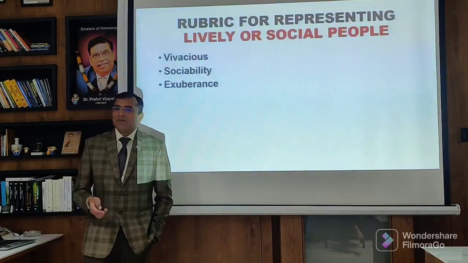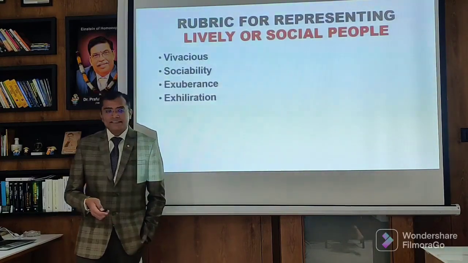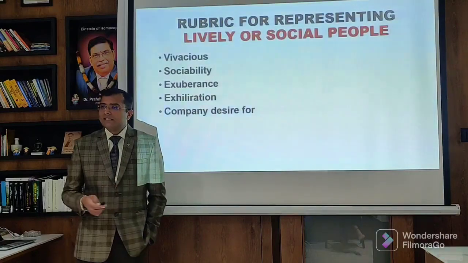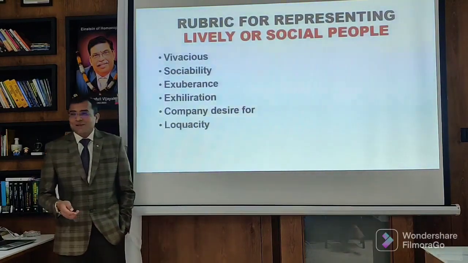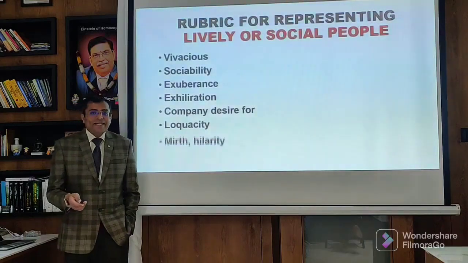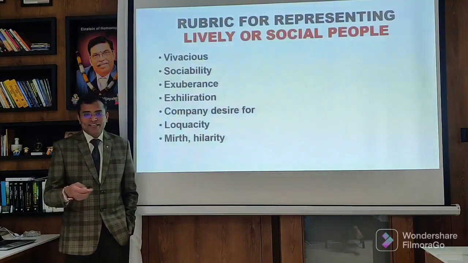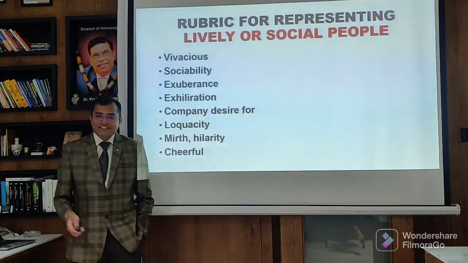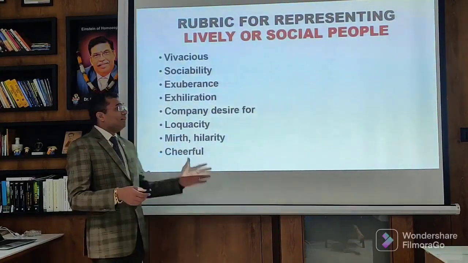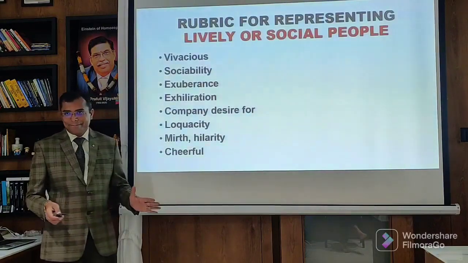Sociability. They are very exuberant. Exhilaration. Company, desire for. Absolutely right. Loquacity, mirth, hilarity, what we are doing right now, and the cheerfulness. So these are the few rubrics for the lively and social people.